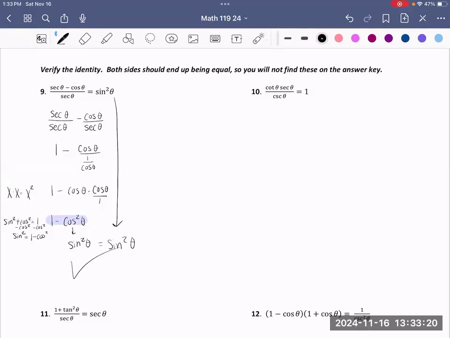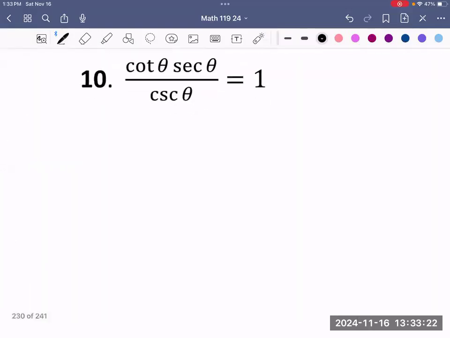Now let's do the same thing with number 10. Again, we might want to break these up here. We have cotangent, and actually even better, if you have cotangent and a secant next to each other, when we go to rewrite them in terms of sine and cosine, that's probably where I would want to start.